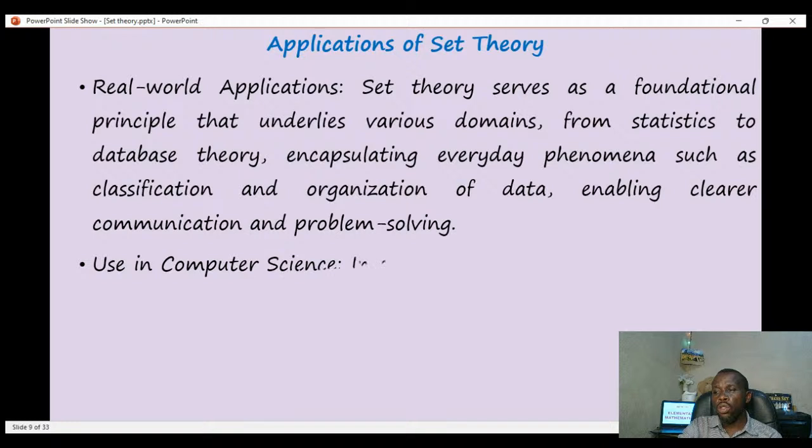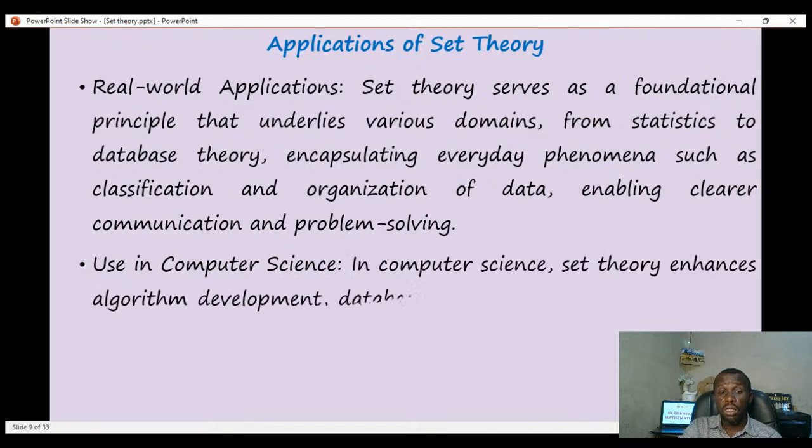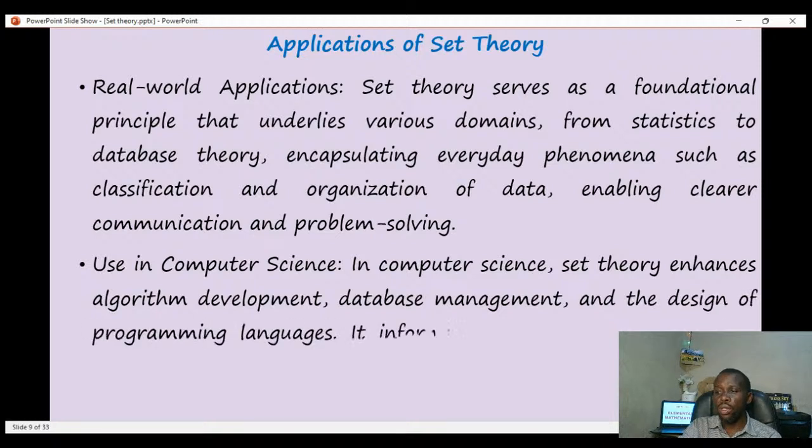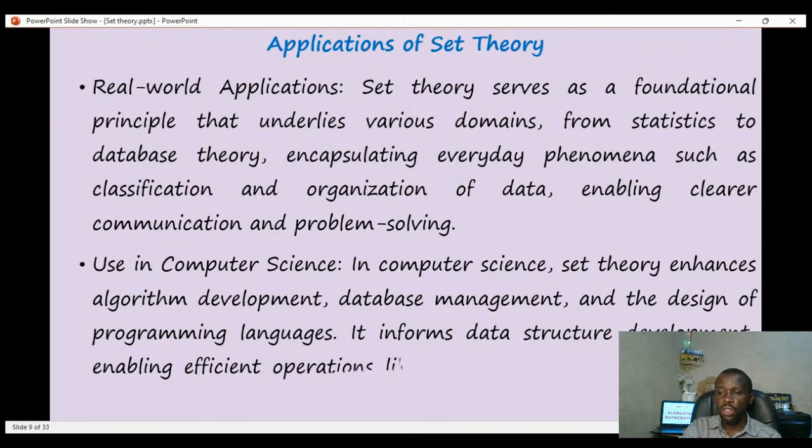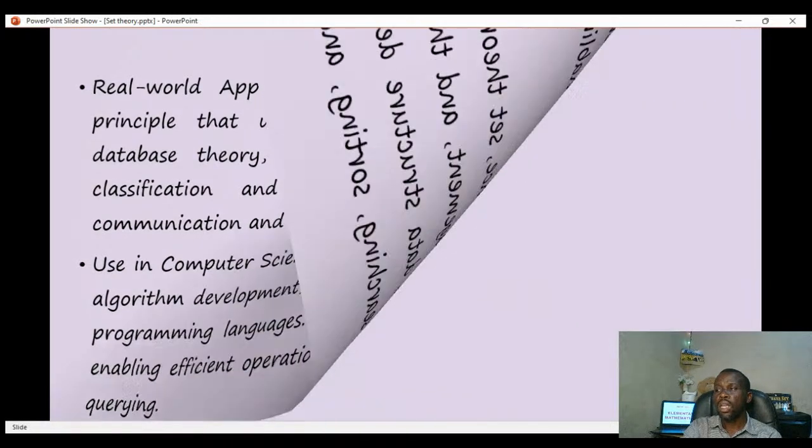Now, we also use it in computer science. In computer science, set theory enhances algorithm development, database management, and design of programming languages. It informs data structure development, enabling efficient operations like searching, sorting, and database querying. We have many applications, but these are just for the real world and for computer science.